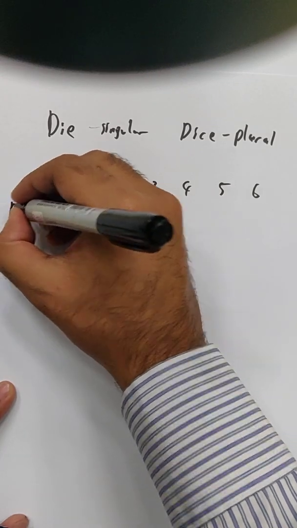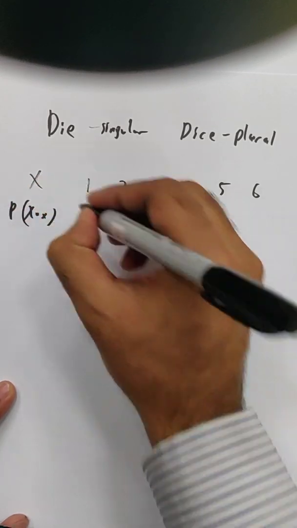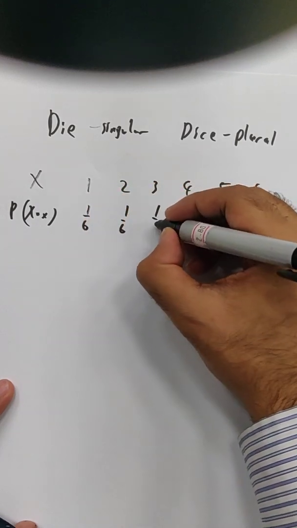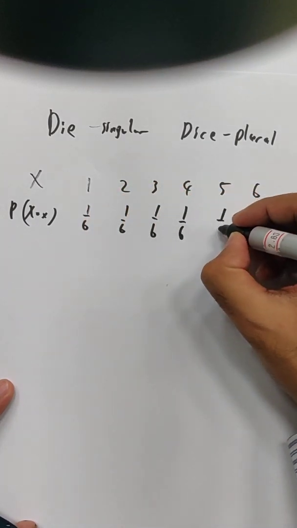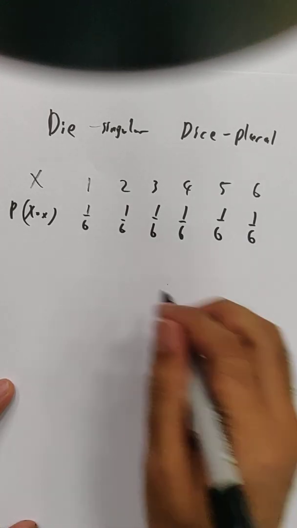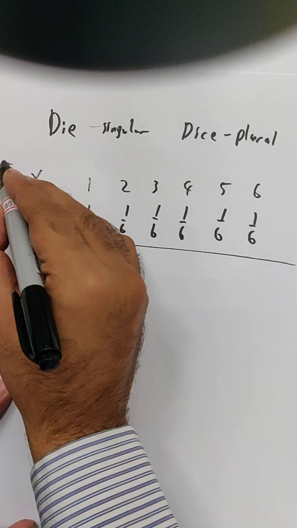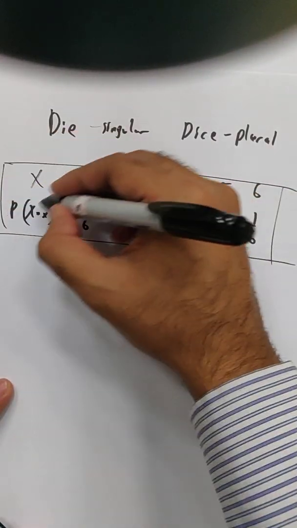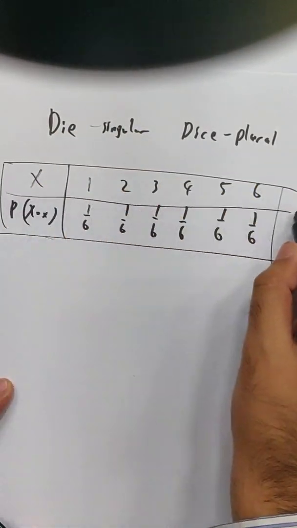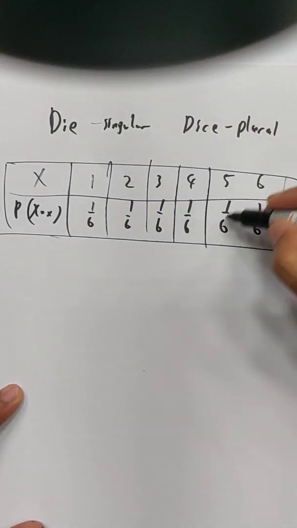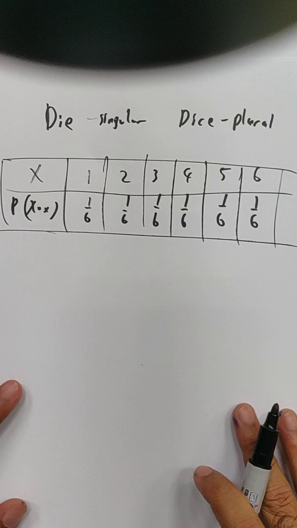Now, what about the probability? 1 over 6 for each. Are you okay? So, okay, let me make a proper table. I think that's okay. Not bad for freehand.